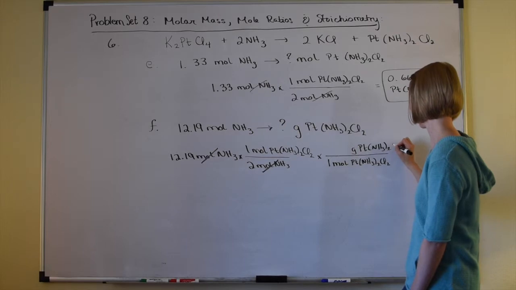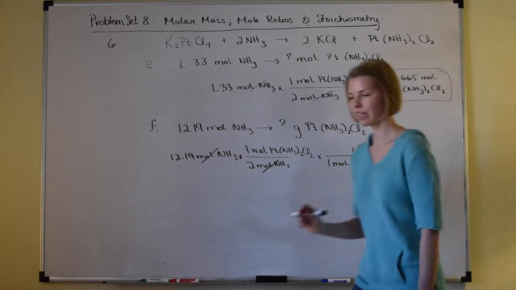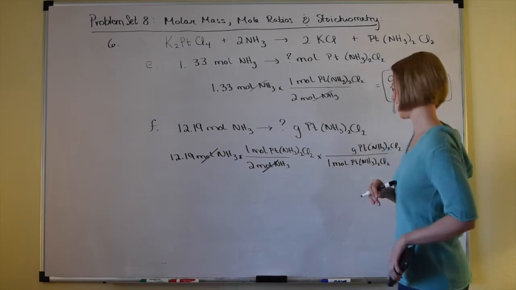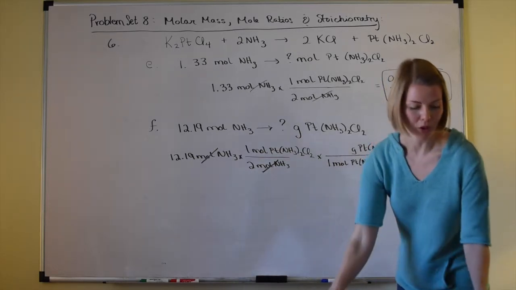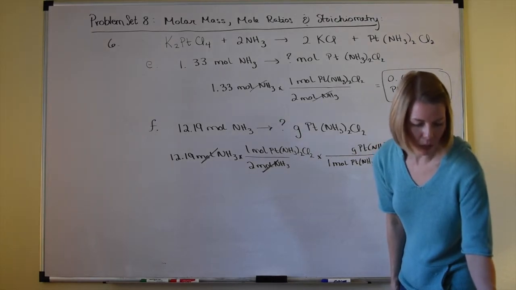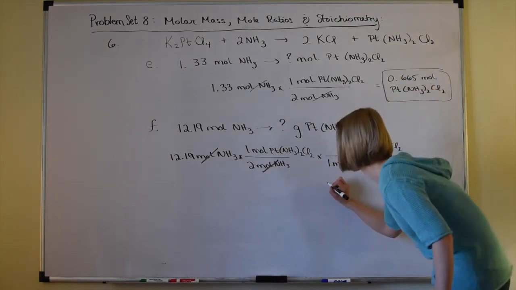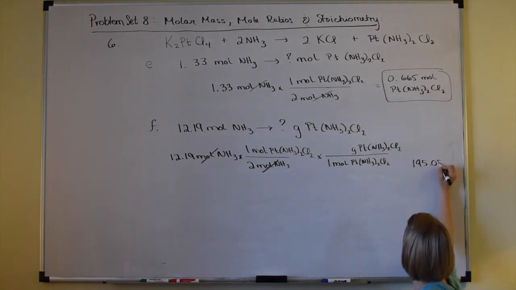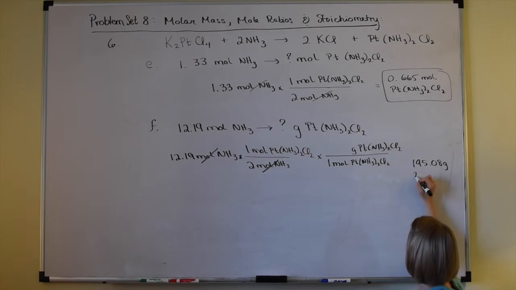So, good practice. We'll just add it up again real quick. If you didn't get it the first time, maybe you'll get it this time, okay? So we're adding up the molar mass again of cisplatin. So platinum was 195.08. The nitrogen is 2 times the 14.01. The hydrogen is going to be 3 times 2, so it's going to be 6 times the 1.01.